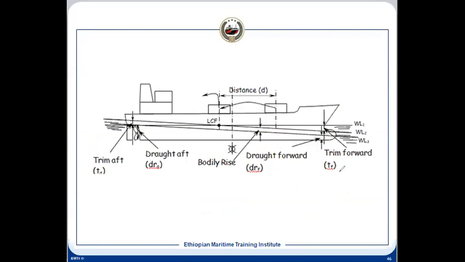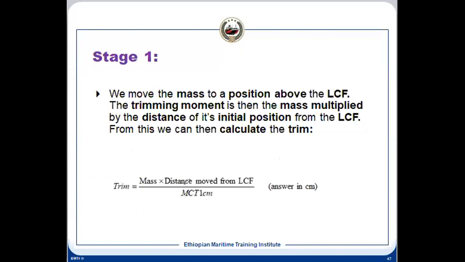So now if we see this, what we have done, we have shifted here, which we have in the previous diagram, it is the same. So LCF, and then we moved out of the shift, from the ship. So what we have done is the reverse process. The trim we have found out from the first step.